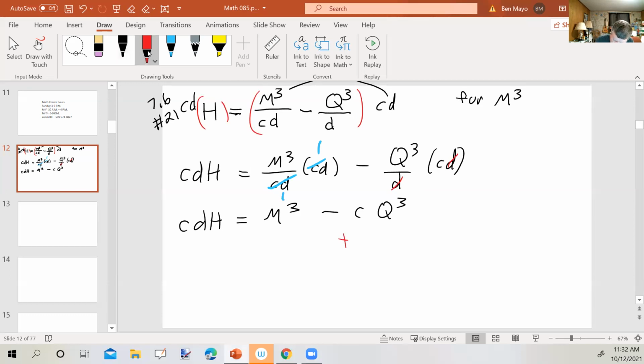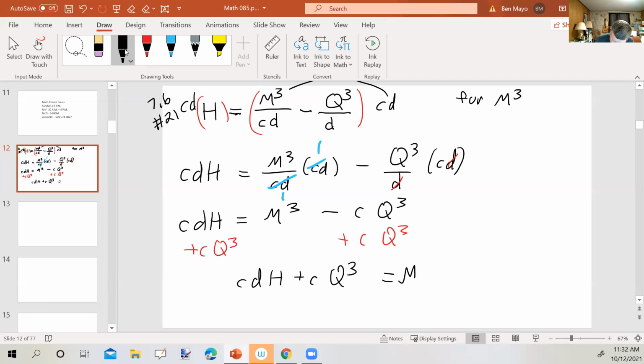Then I'm going to add CQ cubed to both sides. And I get CDH plus CQ cubed equals M cubed. And there you have it.